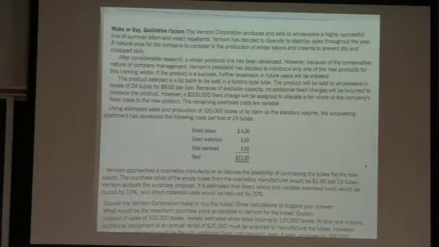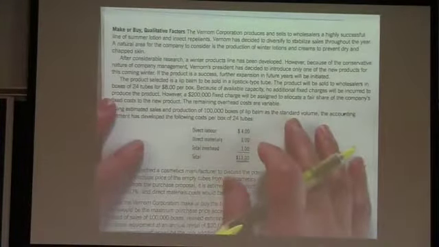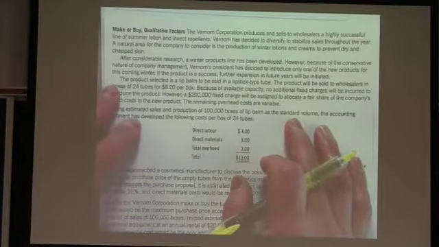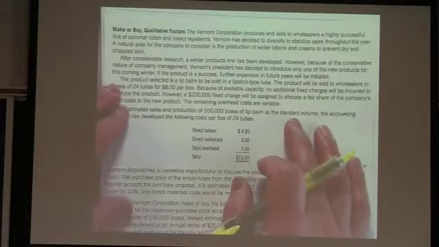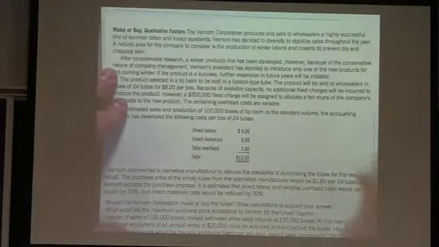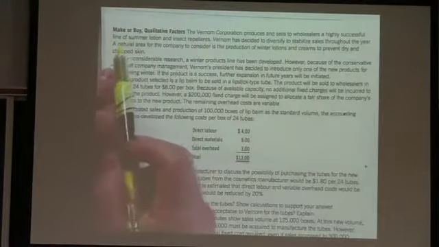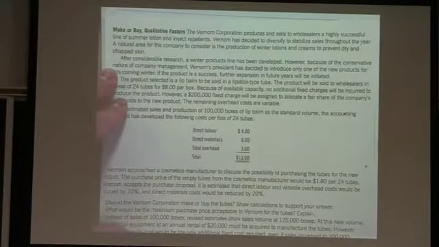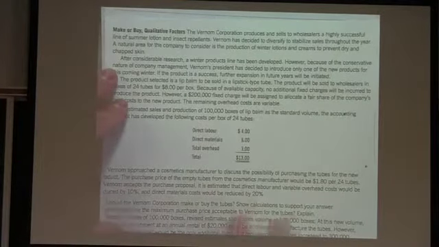goes something like this. You've got a company that produces and sells to wholesalers a successful line of summer lotions and insect repellent. Vernum has decided to diversify to stabilize sales throughout the year. A natural area of the company to diversify is making winter lotions and cream to prevent dry and chapped skin.